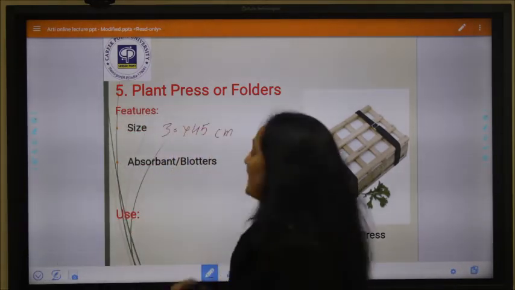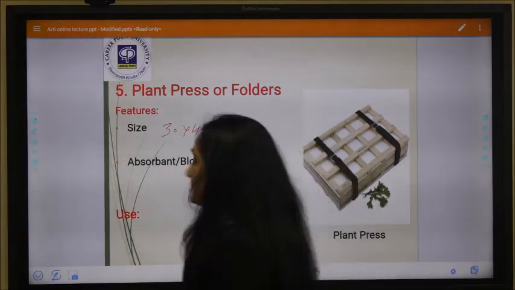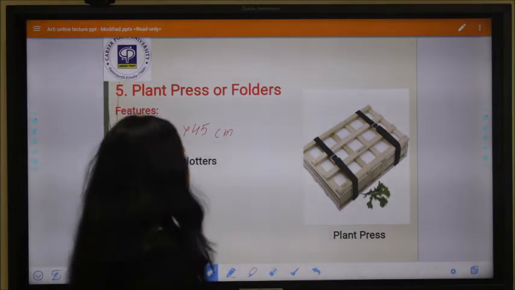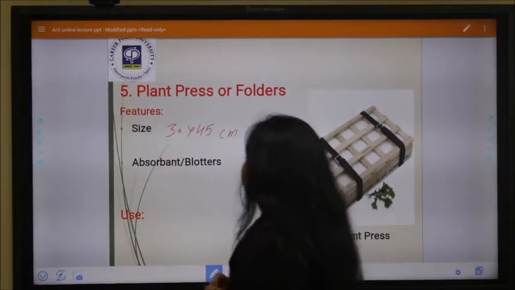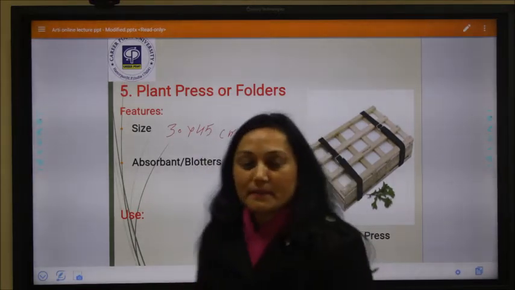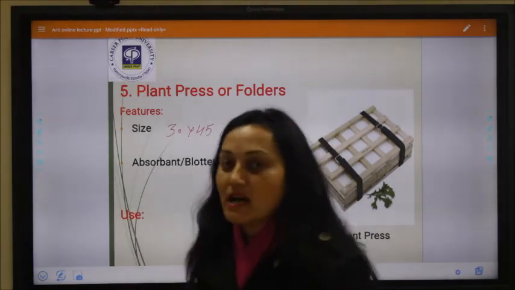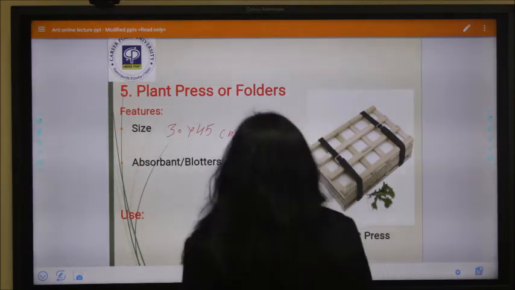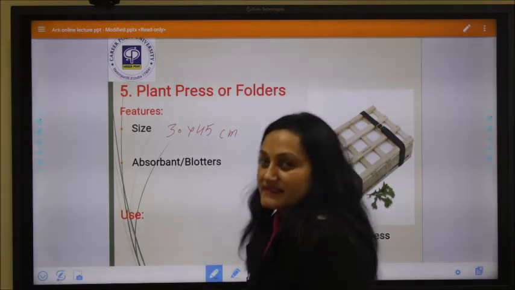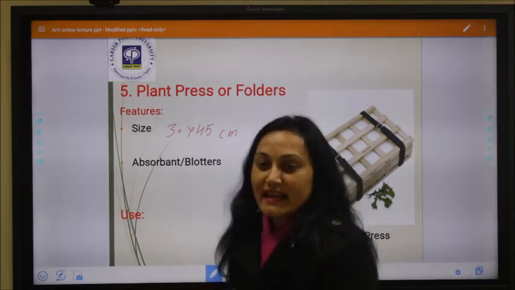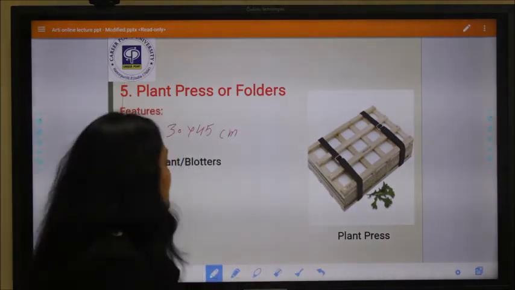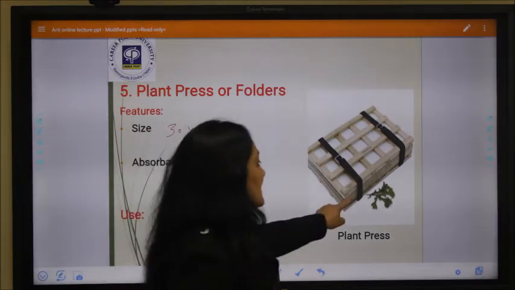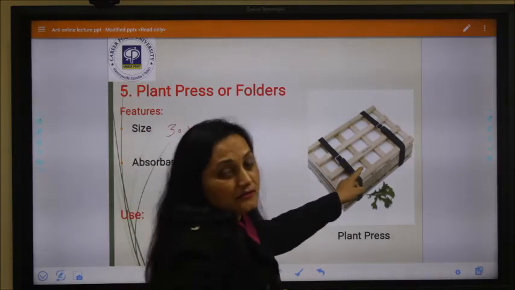And blotting papers and old newspapers are used for loading the specimen and to put inside the press horizontally.